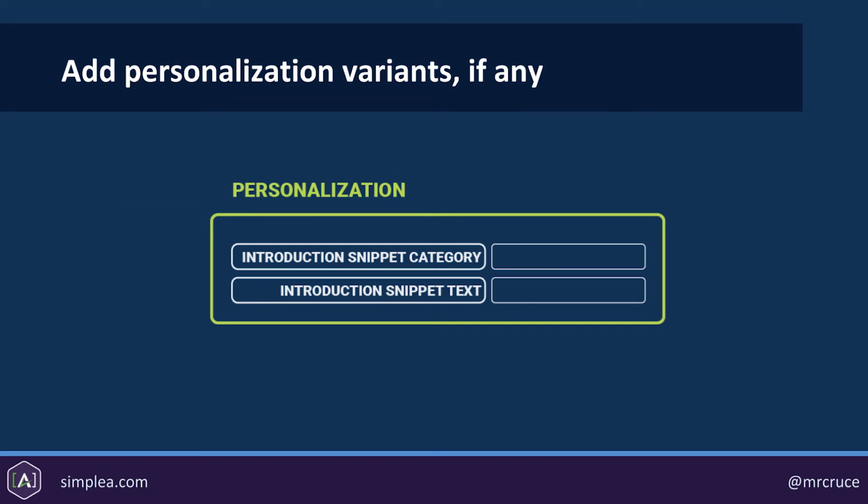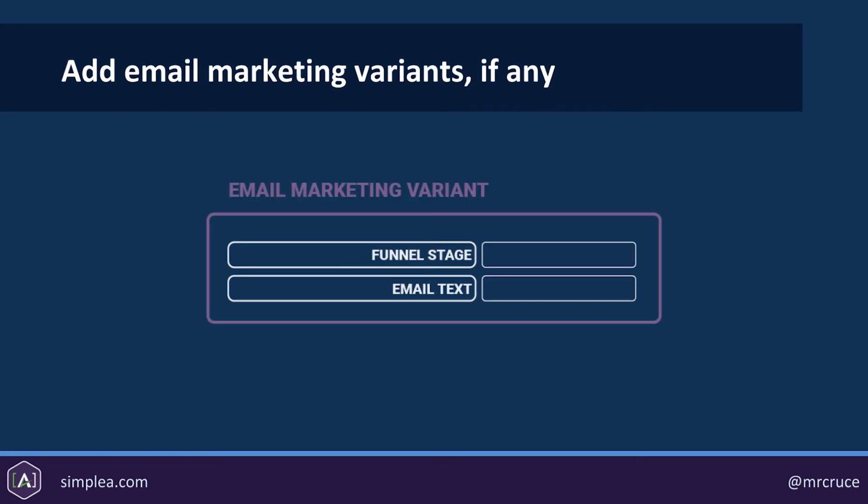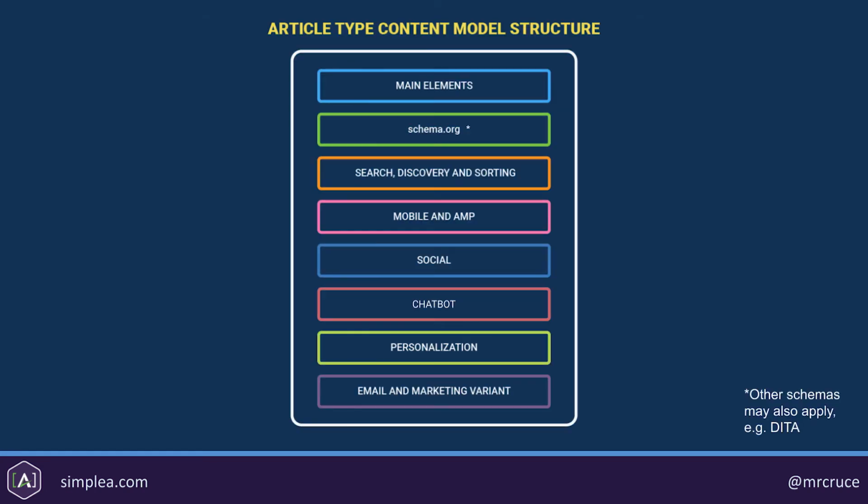Then we can add our personalization variants. This is a big deal in this new world of micro-targeting content variations out to audience segments. Add email marketing variants, and then all of that gets boiled into this cake for our article type content model.